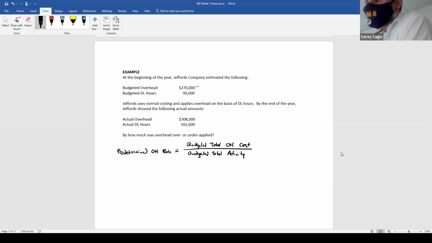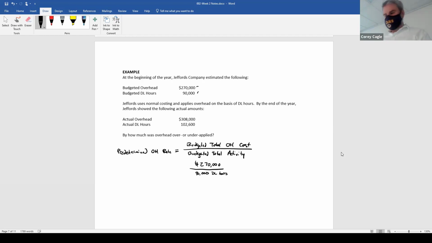So in here it's this and this, right? 270,000 is the overhead we expect for the year. We expect labor hours on every job for the whole year added together to be 90,000 direct labor hours. So we're just taking a simple approach to this.